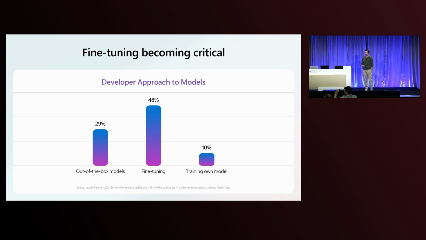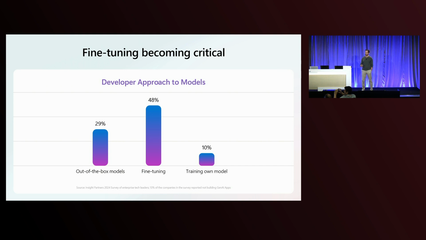What we hear from customers consistently is that fine-tuning is extremely important to make sure that products that you're building that infuse AI are differentiated in the marketplace. Anybody can build an AI application these days that connects to base foundation models like GPT-4o or 4.1 and get some pretty great outcomes.